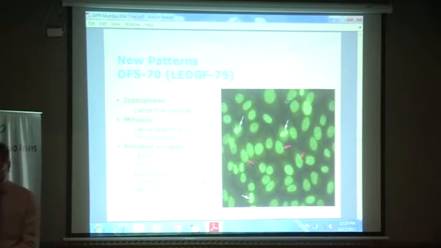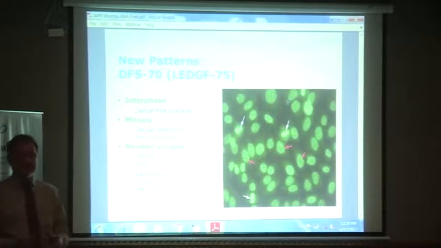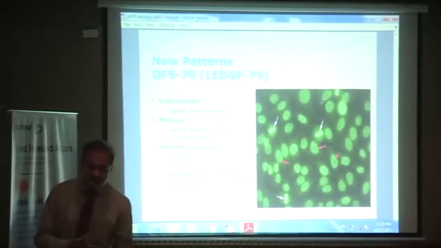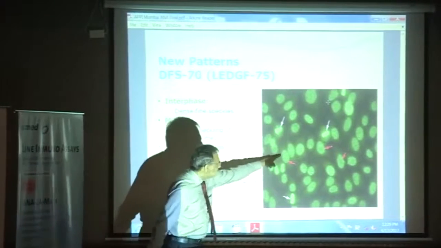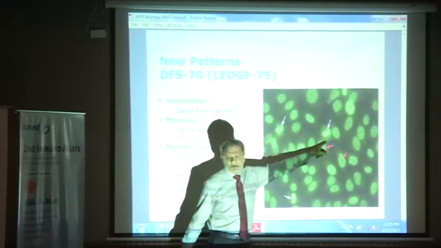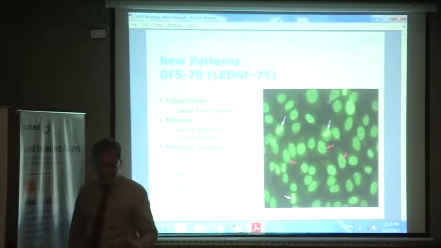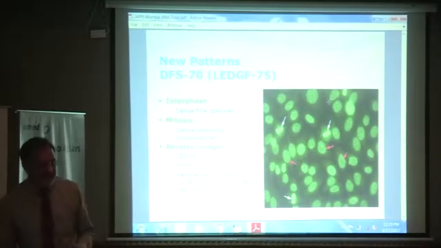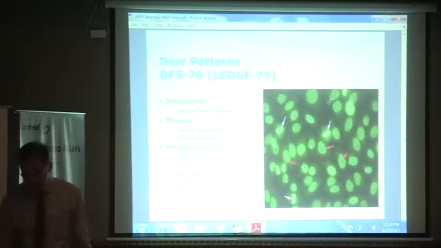DFS70 is basically a combination of speckled with homogeneous. In interphase nuclei you see the speckled pattern, but in mitotic cells you see a kind of solid staining, something like homogeneous.